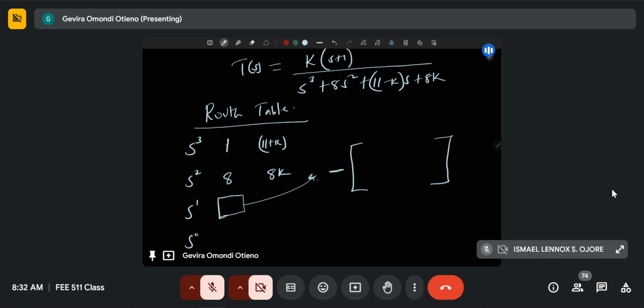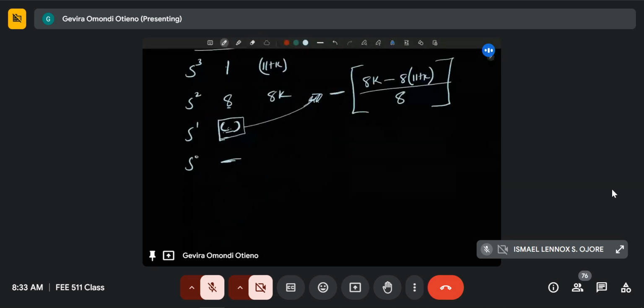So you'll have 8k minus the cross multiplication of 8 and 11 plus k, divided by the point that is right above the point you want to determine, and that is 8. So you put that value here. You do that even for this, okay? So we do all of that and you just come up with the table. Once you come up with the table, I'll do a proper example for you in the next hour. So don't worry.